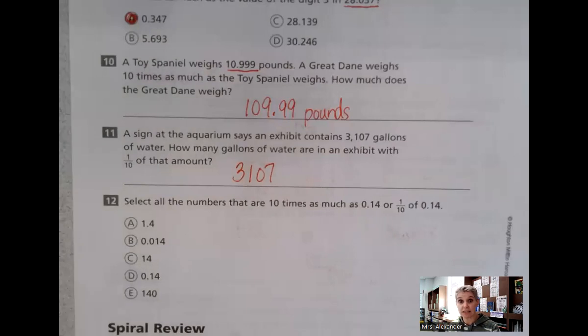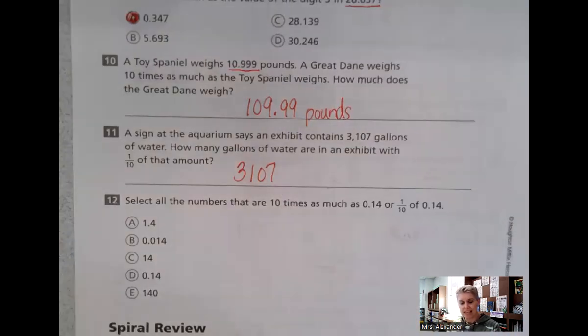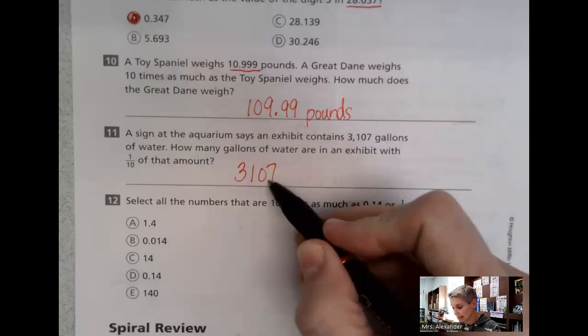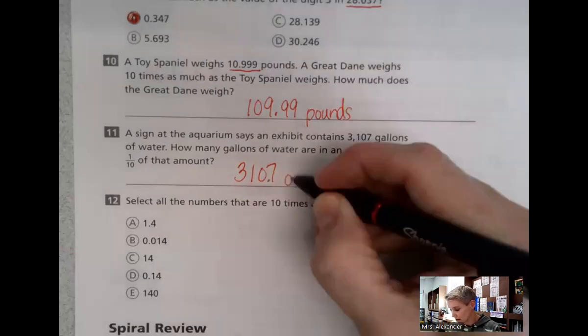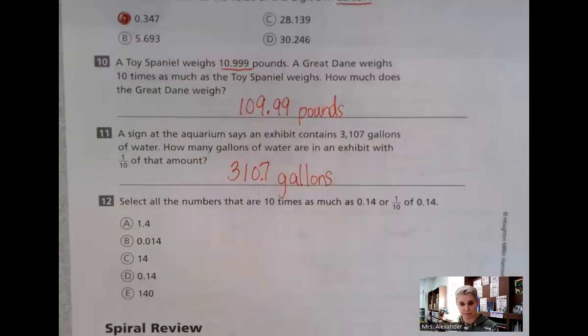The invisible decimal is at the end of the whole number. So our decimal is here after the 7. If we need 1/10 of this amount, how will our decimal move? From here, 1/10 of, our number should become less. So we are going to have 310 and 7/10 gallons.